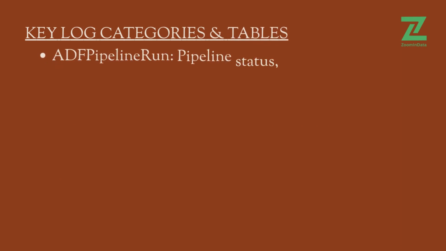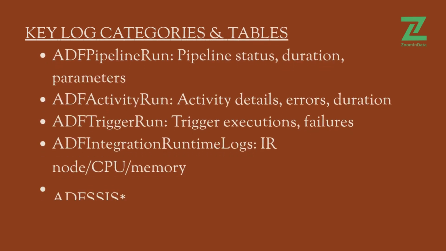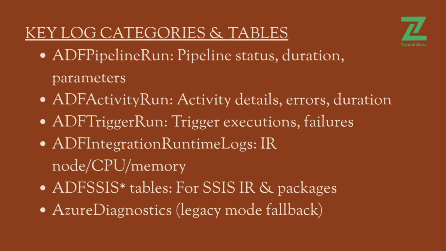The key log categories include ADF pipeline run for overall pipeline status, duration, and parameters, ADF activity run for granular activity details, error messages, and durations, ADF trigger run for trigger executions and any failures, ADF integration runtime logs for integration runtime node health, CPU, and memory usage, and specific ADF SSIS tables if you're using SSIS integration runtime and packages.